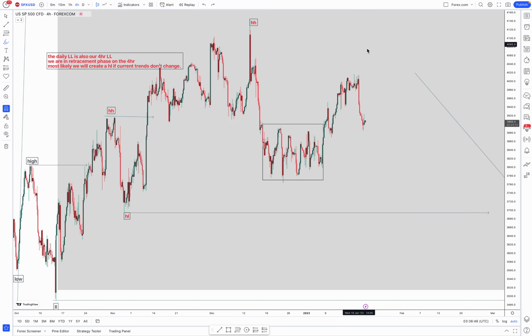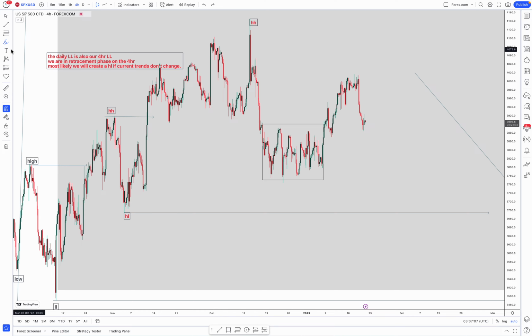If the impulse is going to start, we're going to start making bullish higher highs and higher lows on here. If it's not going to be an impulse, it's going to be creating a bearish kind of structure.